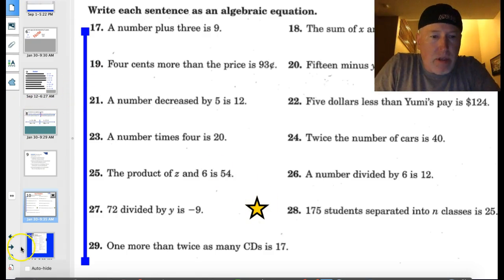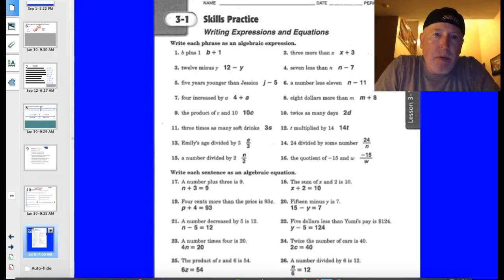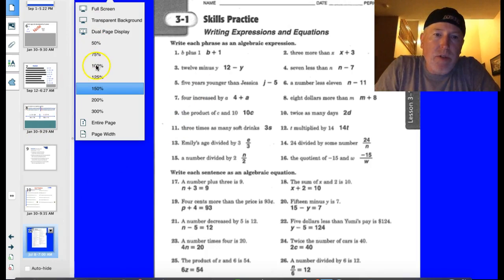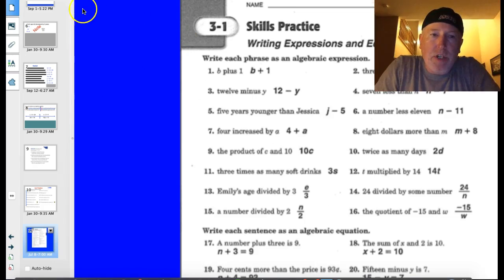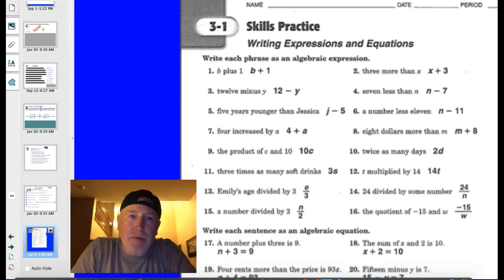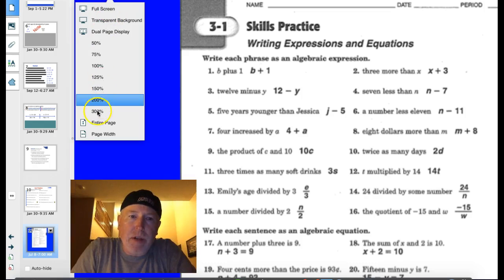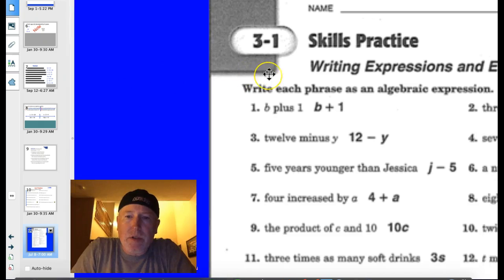Okay, here are the answers to those questions. Make that a little bit larger so you can see them better. Check your answers. Oh, we can get them a little bit bigger yet.